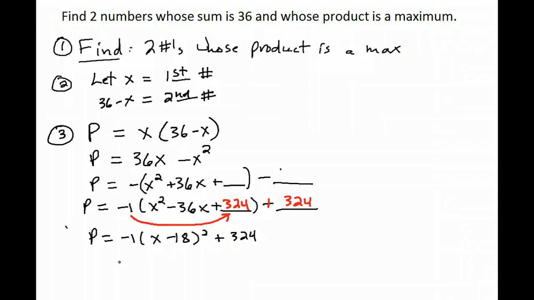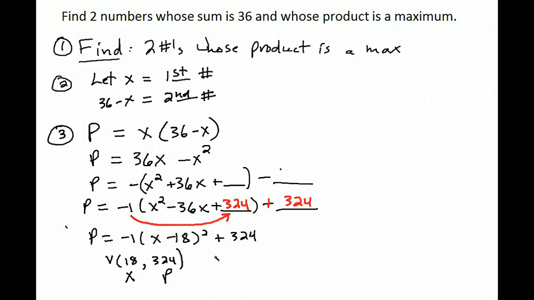So if the vertex is at (18, 324), remember that this is P and this is x. That's my number.